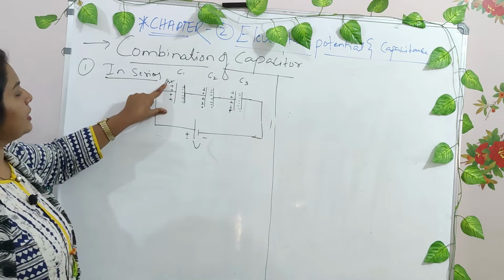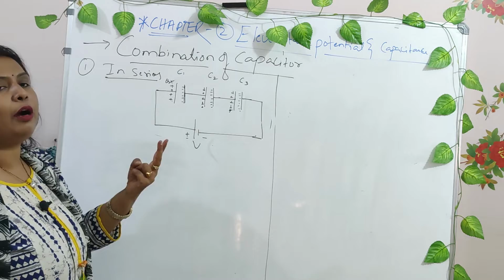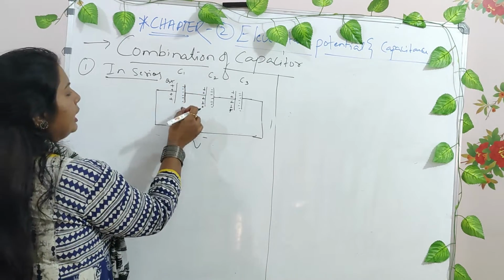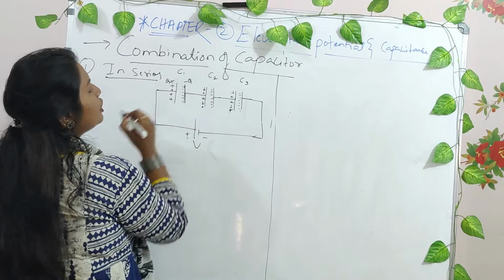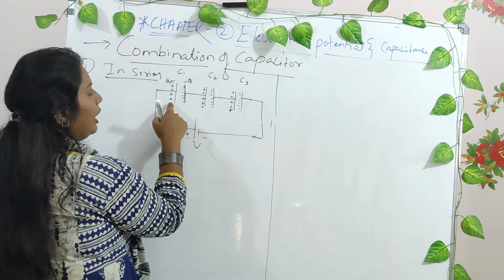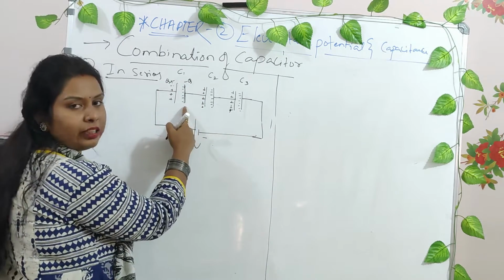Now the same amount of Q charge that is being applied here, the same amount of induced negative charges are created on the second plate, that we call minus Q. The amount of charges acquired on this plate will be exactly equal to the amount of negative charges on this plate.